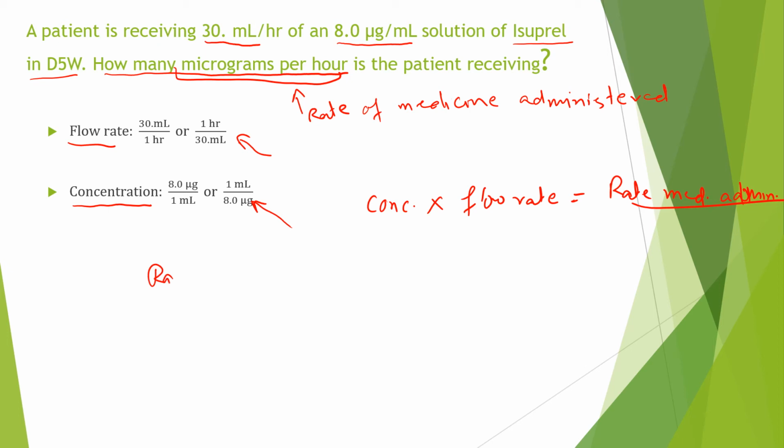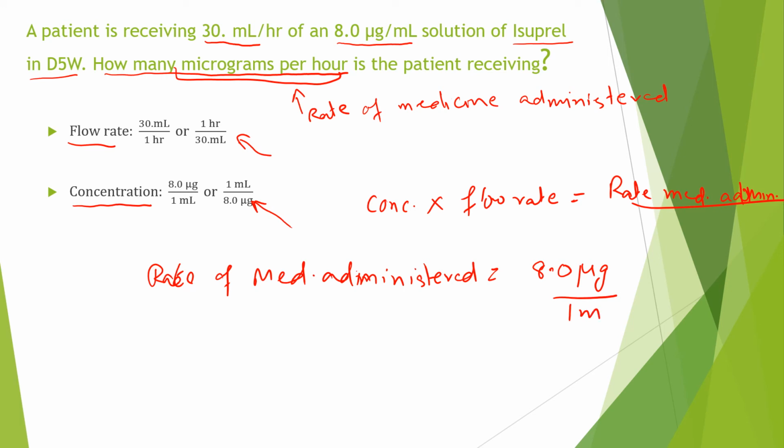So that rate of medicine administered is equal to concentration times flow rate. So concentration is 8.0 micrograms over 1 ml multiplied by the flow rate. So flow rate is 3.0 milliliter per 1 hour.